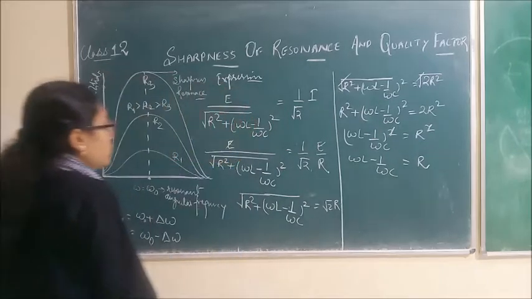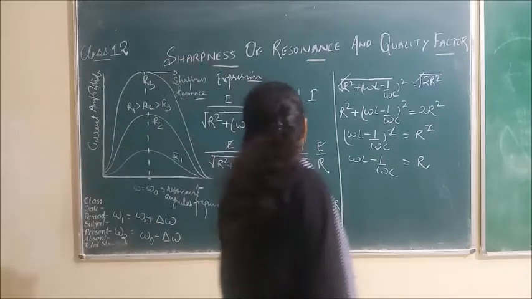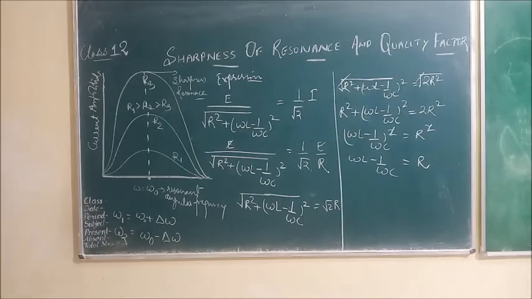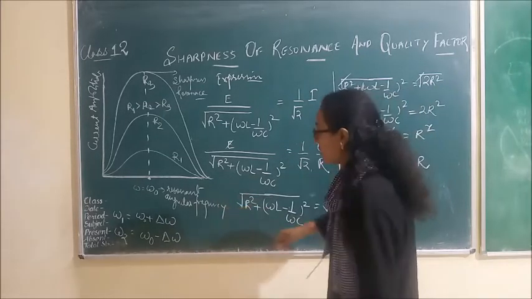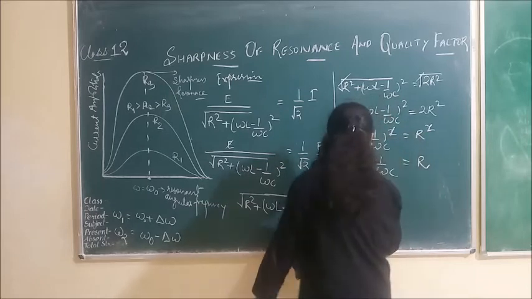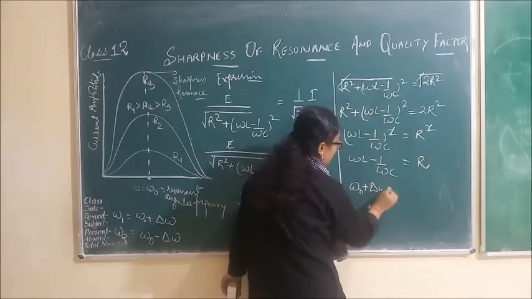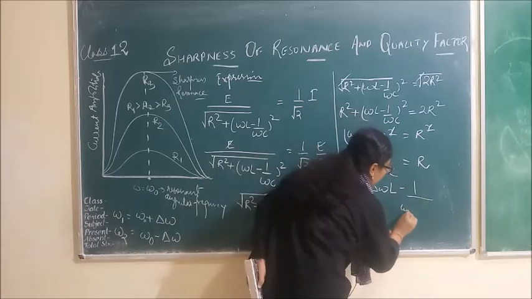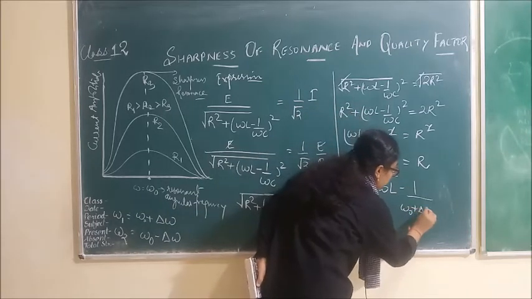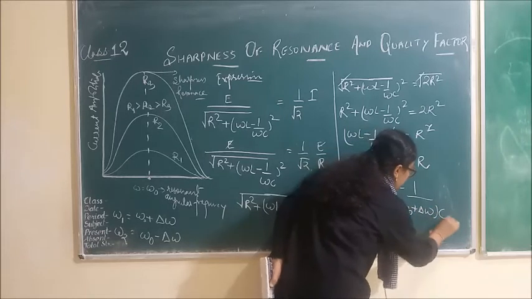Now I am going to use the value of omega. ध्यान से देखो student. ओमेगा की जगह हम इस omega को omega 1 मान लेते हैं और इसकी जगह हमें कौन सी value use करनी है? ω₀ + Δω, L minus 1/(ω₀ + Δω)C.